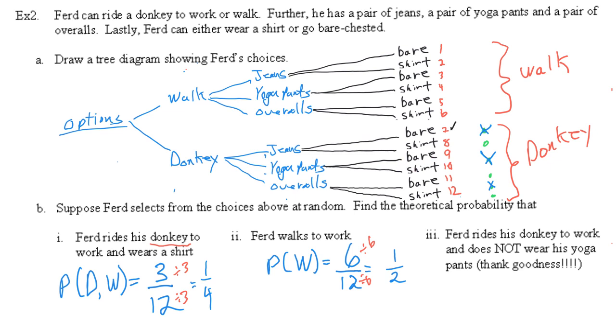So this one here and this one are attached to jeans, and these 2 here, 11 and 12, are attached to overalls. So I got to check those off, which means the probability of rides his donkey and no yoga pants, this Y with the bar over top means no yoga, equals, well, 4/12.